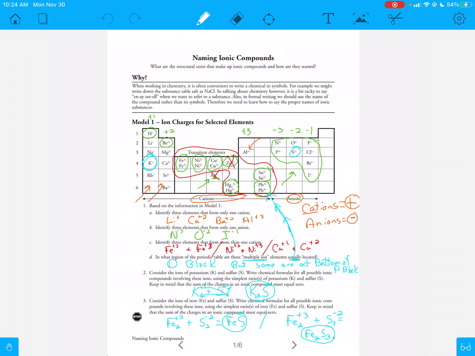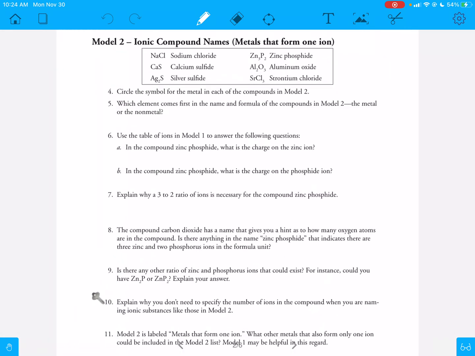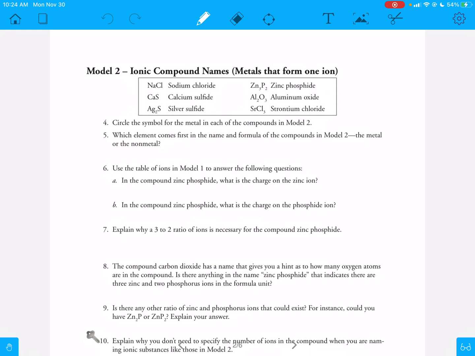All right, let me see if I can move on here and kind of boogie through a few more of these. So number 4, it says circle the symbol for the metal in each of the compounds in Model 2. So the symbol for the metal in each of the compounds. Well, let's see. I want to circle them. So this is a metal, this is a metal, this is a metal, this is a metal, this is a metal, this is a metal.